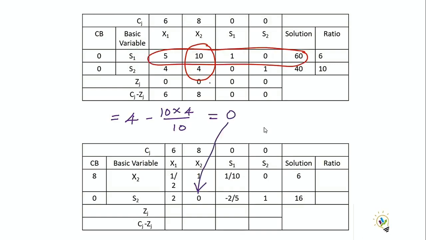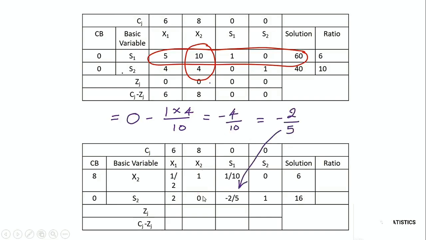In this case, if you see, I need to find in this place new value. So 4 is a old value minus what is corresponding row value? 10 into its own value is 4 divided by key element 10, so we get 0. So 0 need to be substituted.